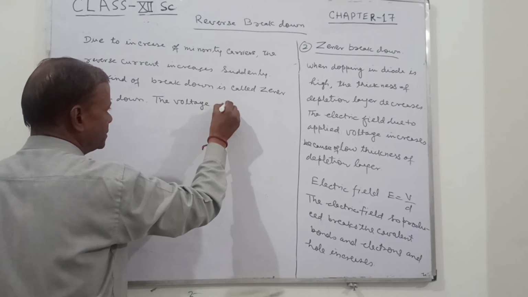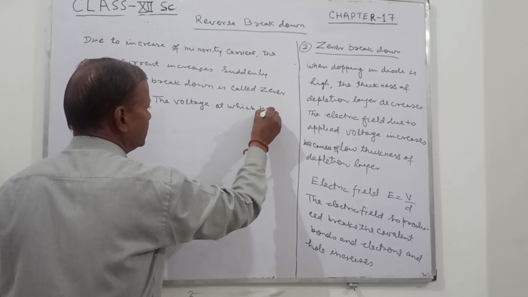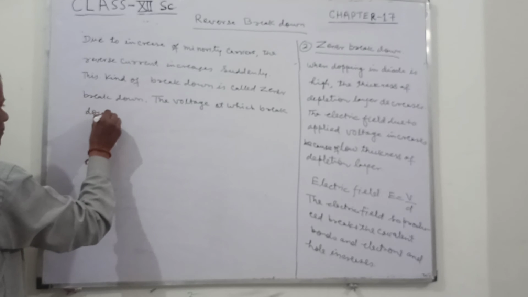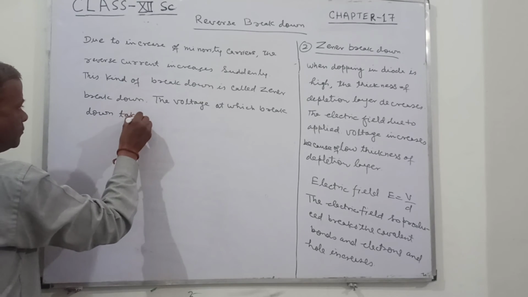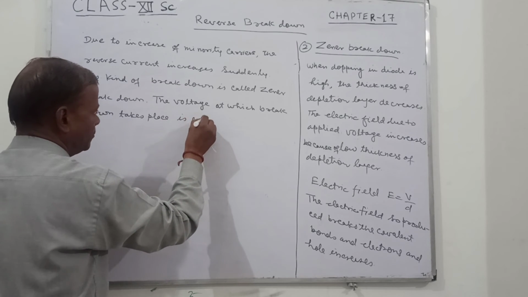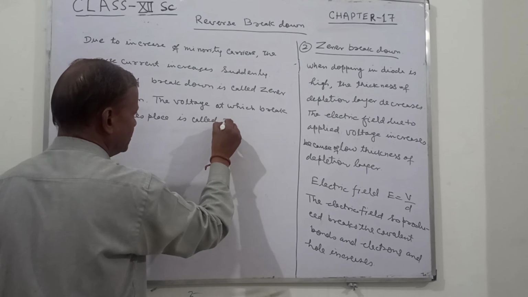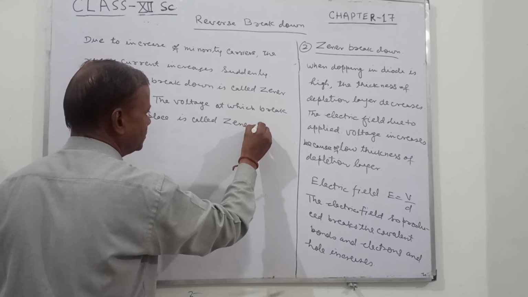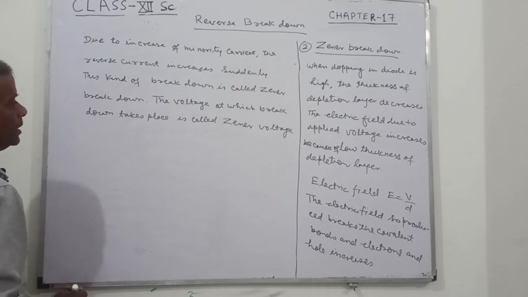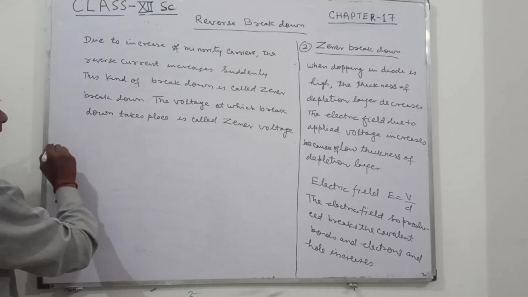The voltage at which breakdown takes place is called the Zener voltage.